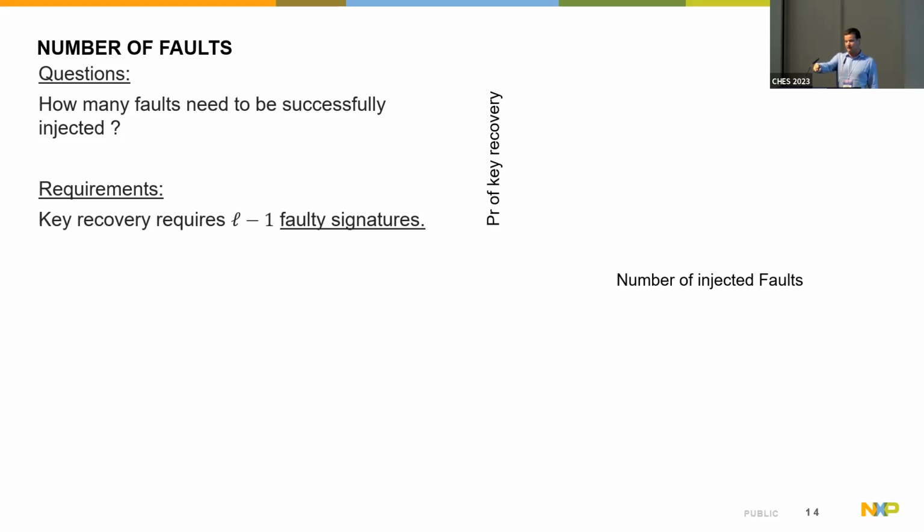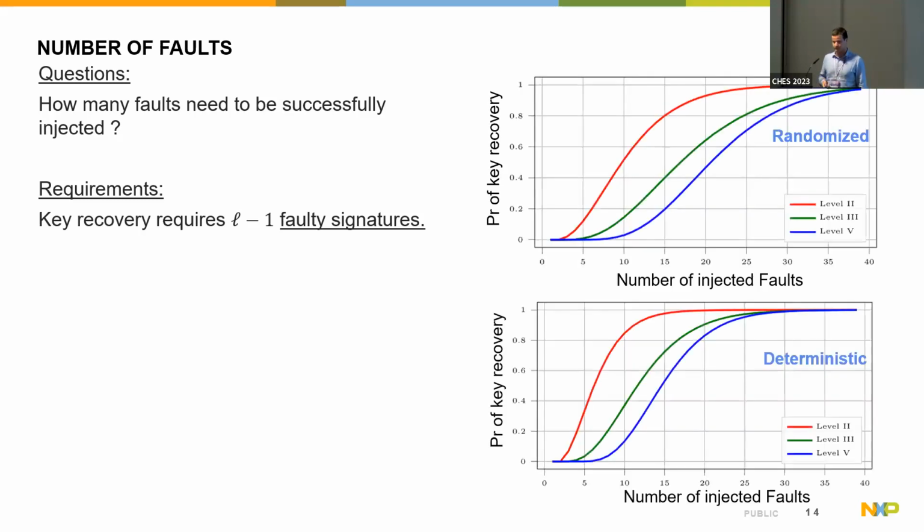On the x-axis, you have the number of faults that you actually inject in the device. And on the y-axis, you have the probability that you obtain enough faulty signatures to get back to the secret key using what I described before. So we have a graph like this for randomized Dilithium for all the parameter sets, and the same for deterministic Dilithium.